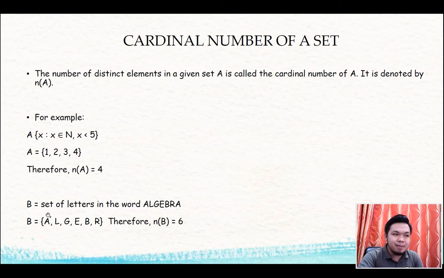Here's the element of set B. Set of letters in the word algebra. So, dito, sa algebra, kasi pag binilang mo po yung algebra, A, L, G, E, B, R, A. Ilang letters? 7.